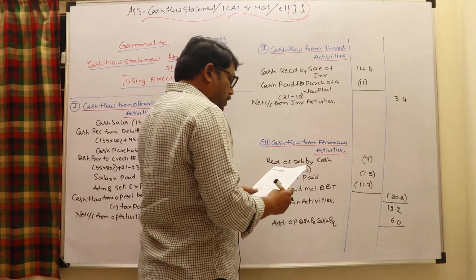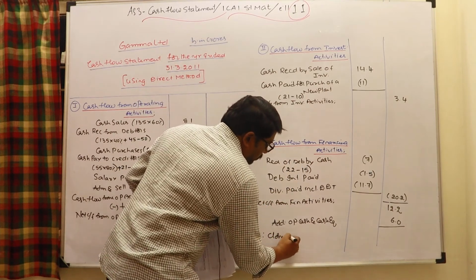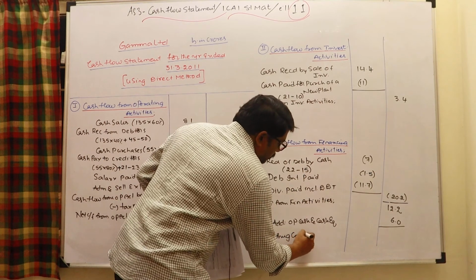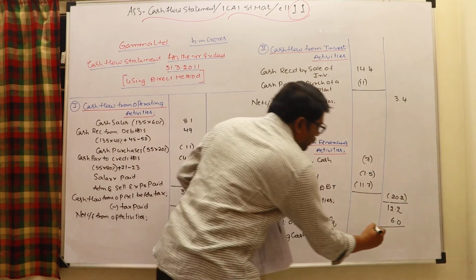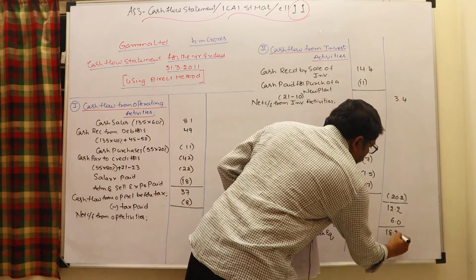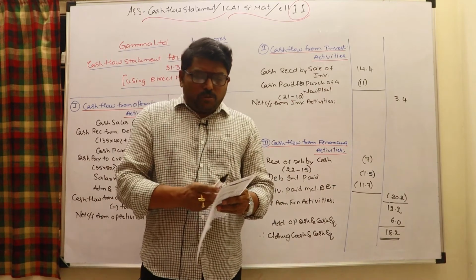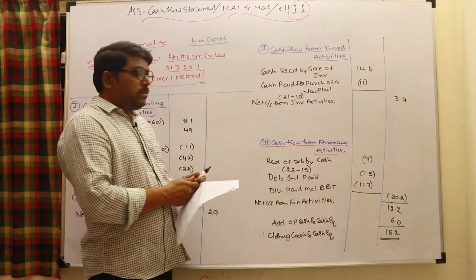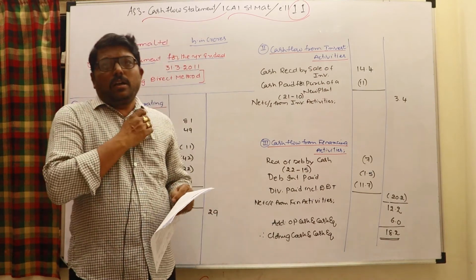Therefore closing cash equivalents is 18.2. That's all. This is a simple way to solve this illustration 11, and we can discuss the remaining illustrations and practical questions in the next class.